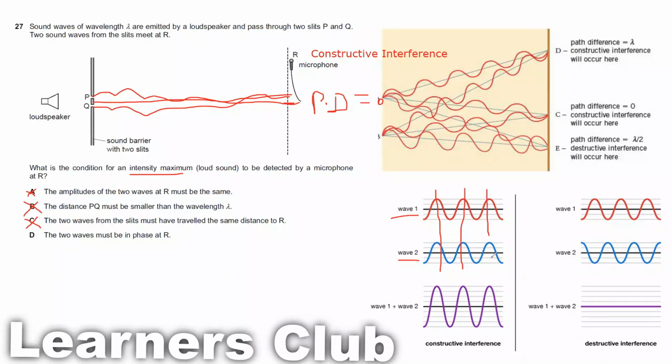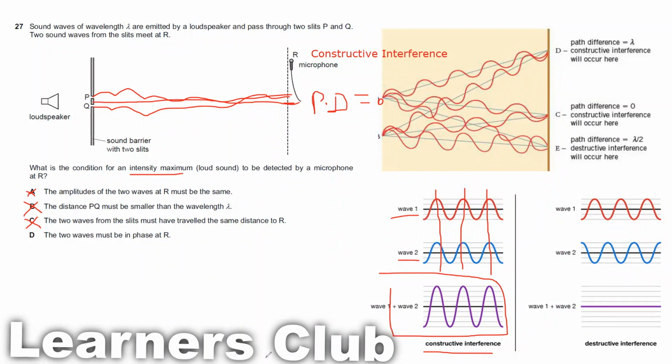So when they are in phase, the resultant wave will be added together to form constructive interference. When they are in antiphase, they will cancel to form destructive interference if their amplitudes are the same. If they have different amplitudes, they will have a resultant wave which is smaller than one of these waves.